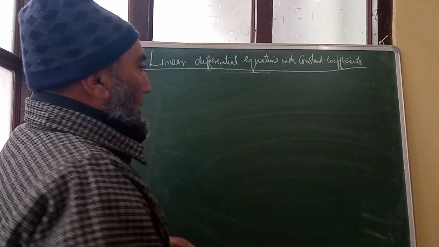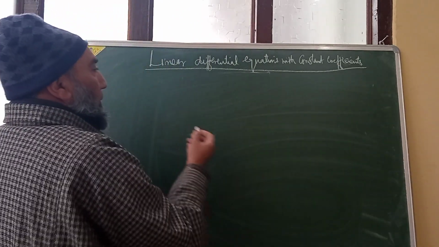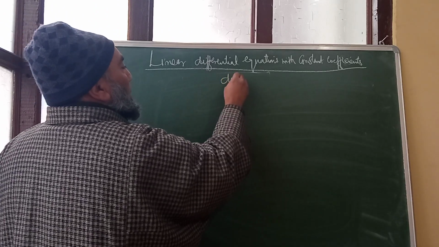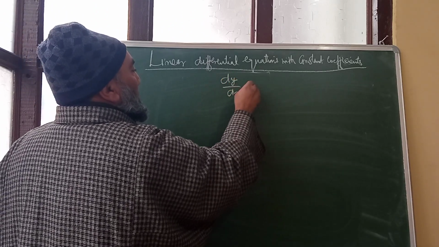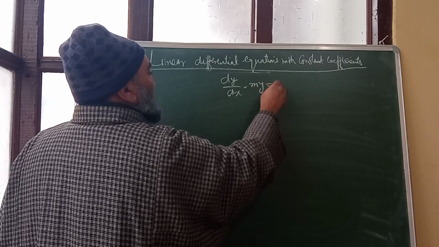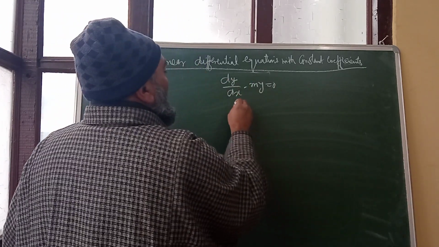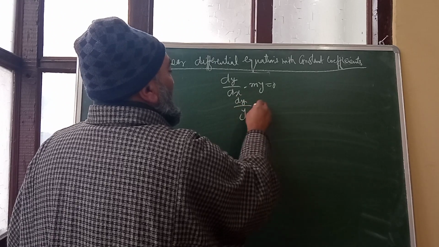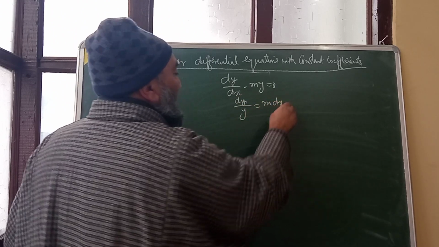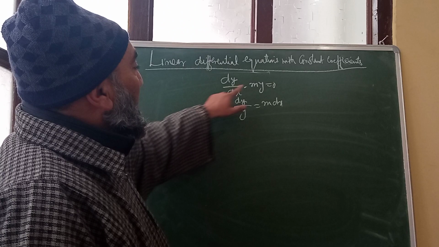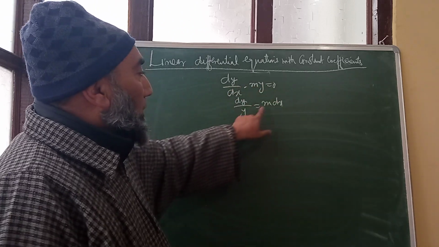Now there are prerequisites. See, what is the solution of dy/dx minus my equals 0? You can separate the variables: dy/dx equals my, or dy/y equals m dx.